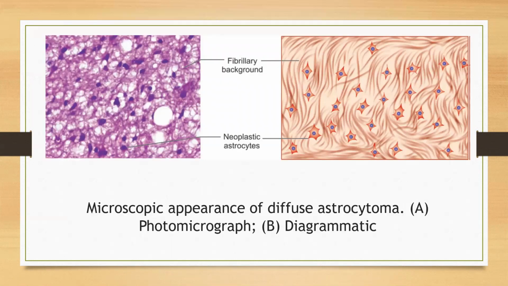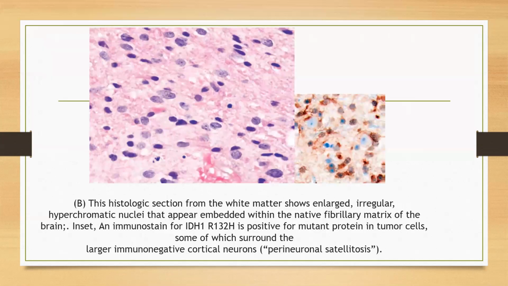They have greater cellular density than corresponding white matter. Again, this picture is from Robbins 10th edition. This histologic section from white matter shows enlarged, irregular, hyperchromatic nuclei that appear embedded within the native fibrillary matrix of the brain.